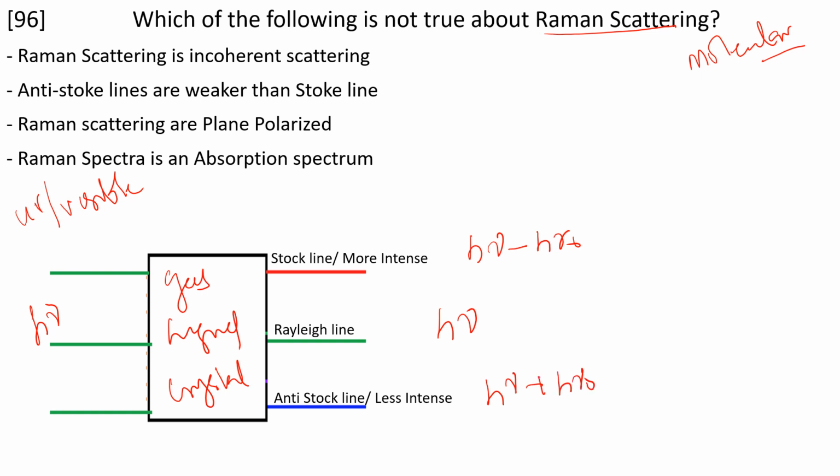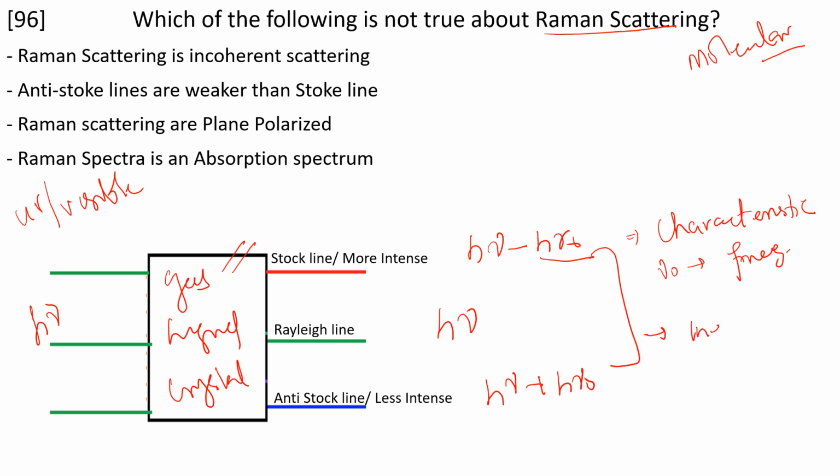The value h nu naught is called characteristic energy, and the corresponding frequency nu naught is called characteristic frequency, which is the property of the material that we are using. The Stokes line and the anti-Stokes line are because of inelastic scattering.